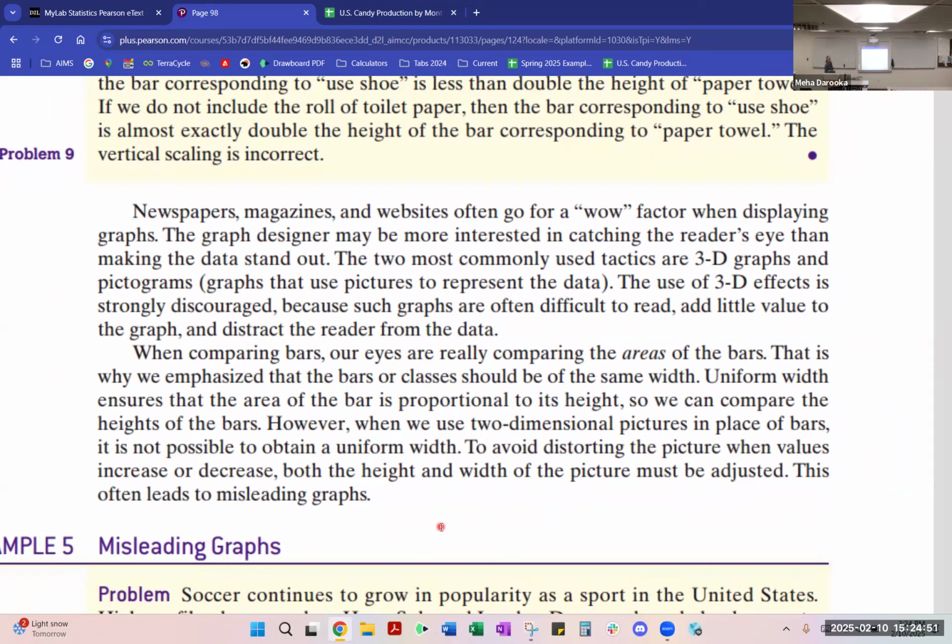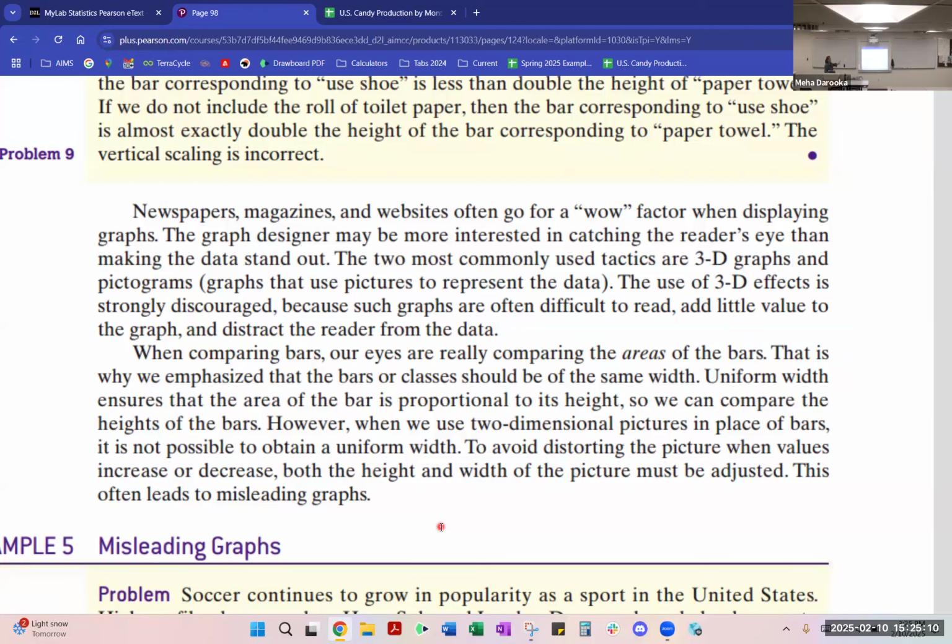They want something colorful, something which will catch the reader's eye. So they will focus more on what looks appealing than on whether my data is being represented accurately, or whether my data can be misleading from the real information.